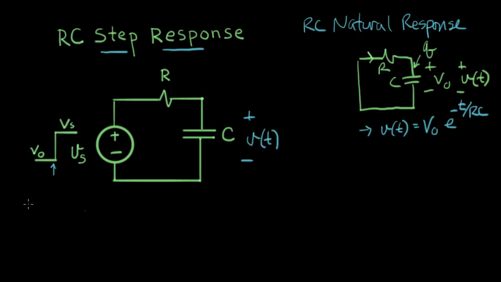So I said we're going to break it down into three things. And the first thing we're going to look at is long ago. What was this circuit doing yesterday when it was sitting here at V naught? Well, long ago, Vs equals V naught.